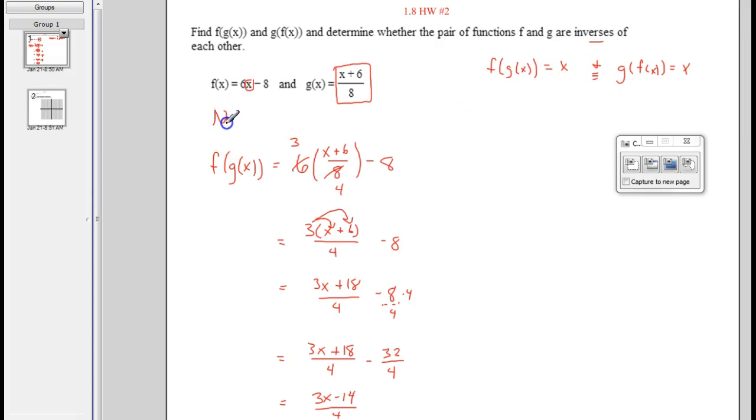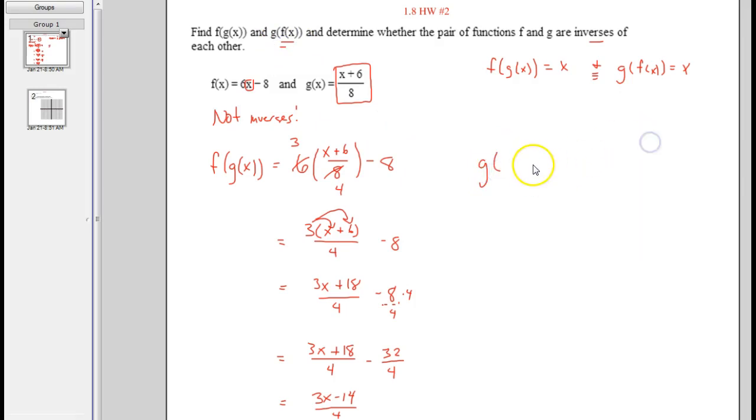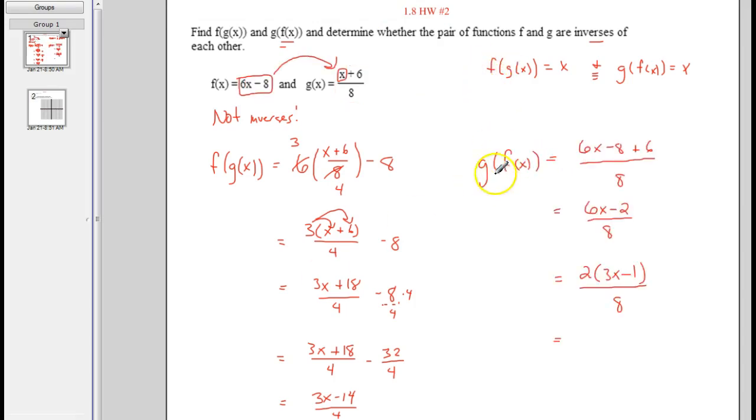Okay. Alright, but I still have to find g of f of x. Alright, so for g of f of x, I had to put the f function into the g function where the x is.